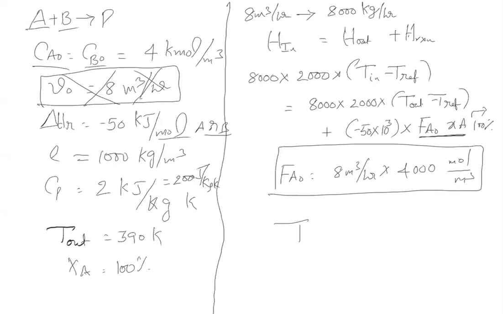You don't need to add concentration of A and B here, because if A reacts means automatically B reacts, no? So the T inlet that you are getting is 290 Kelvin.